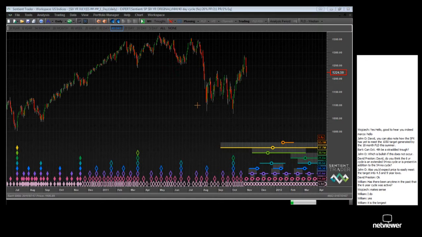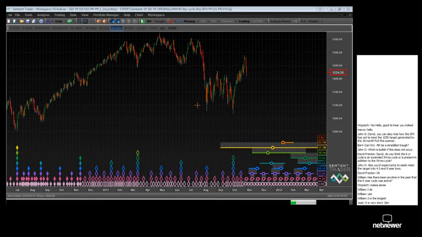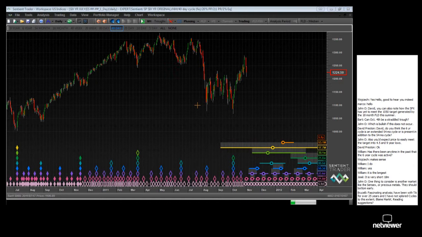Well, do you believe that the 18-month was the longest cycle in that nest of lows, or do you think that it was a trough of a much longer cycle, the 4.5-year or 9-year cycle? 18-month is the longest. Okay. Well, that's an interesting idea.